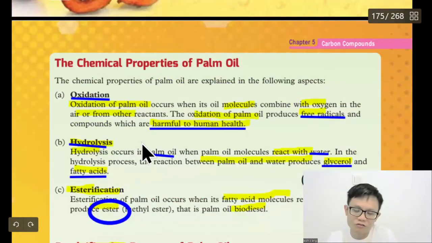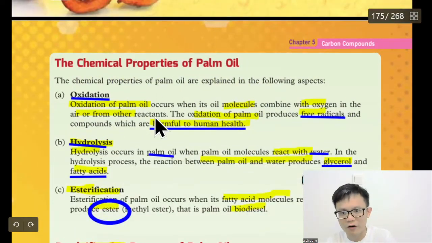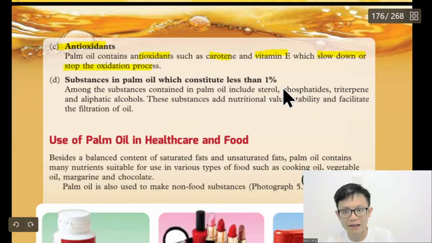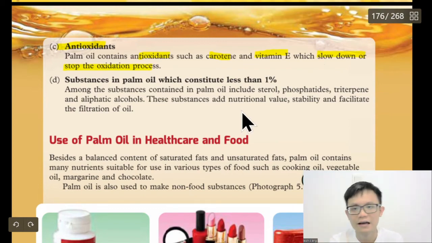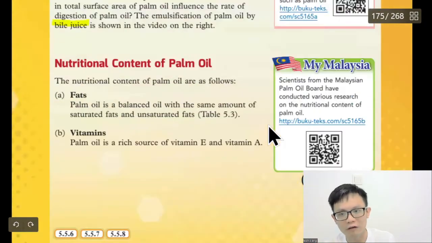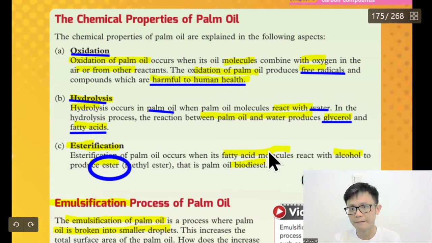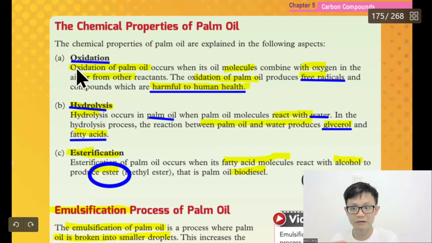But maybe the student will be confused: why do we say palm oil can cause cancer, but here it says palm oil can help cure cancer? When we want to talk about this, it is not about science, it is about learning the category. The first category is oxidation, meaning the food is not good and it has free radicals which are harmful to human health.